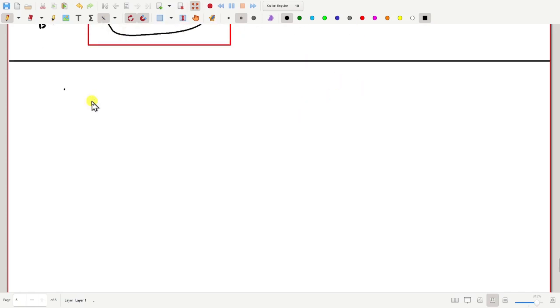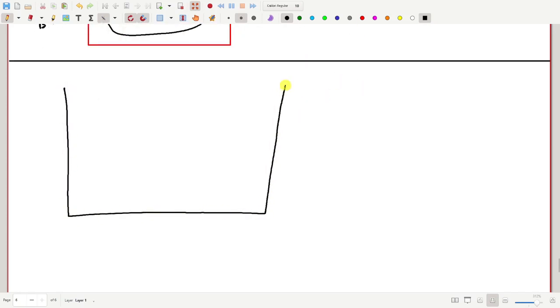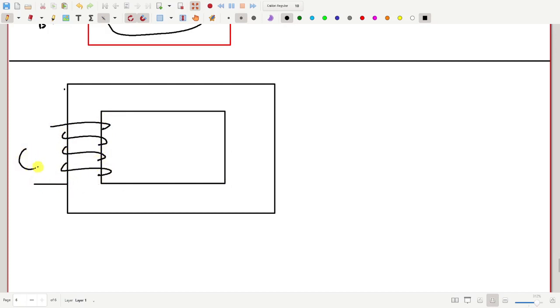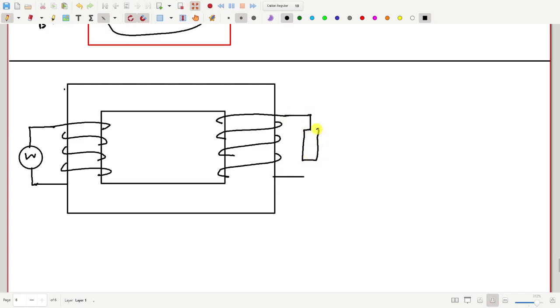Suppose this is a core and we have two coils, and here I can connect a voltage source, and across the other coil I connect some impedance. Then what will happen? Suppose the voltage here is V1.